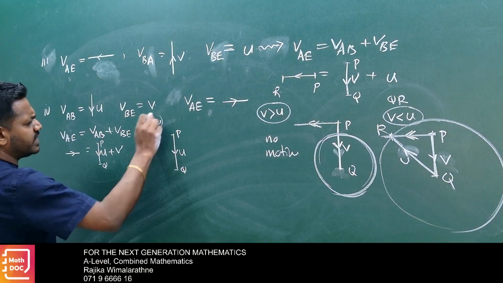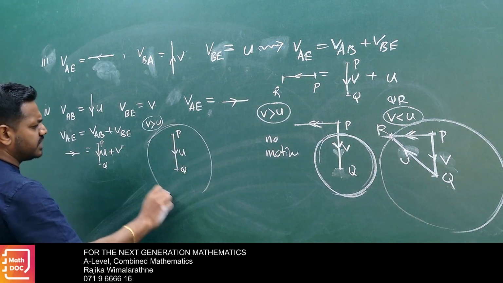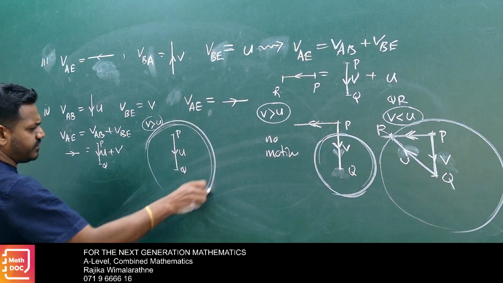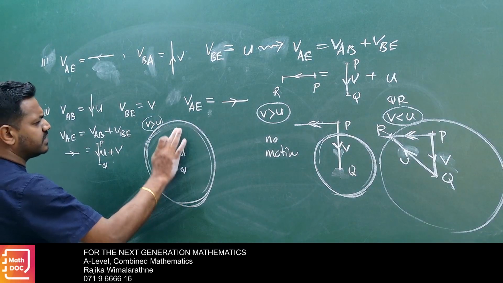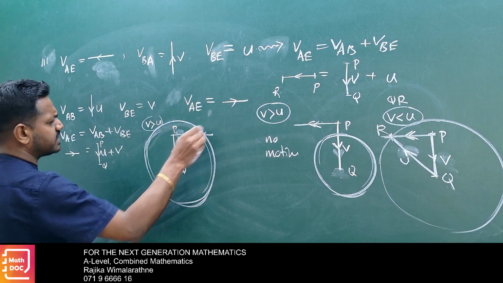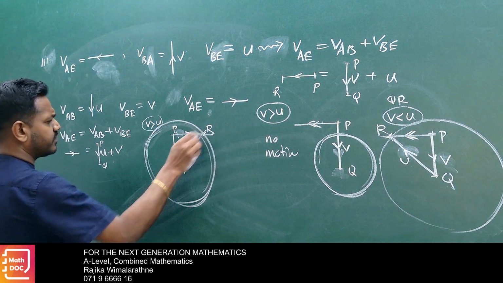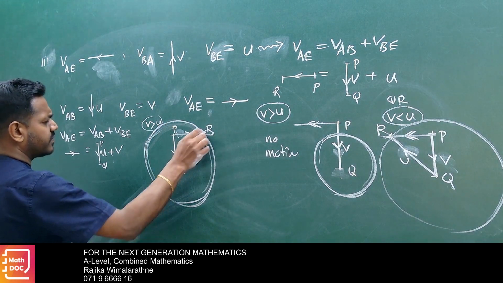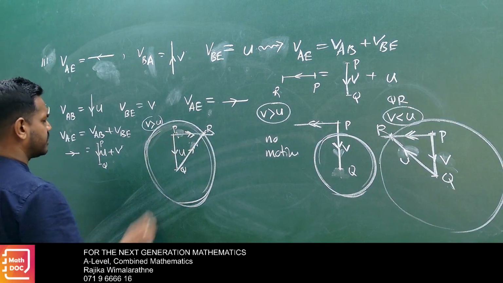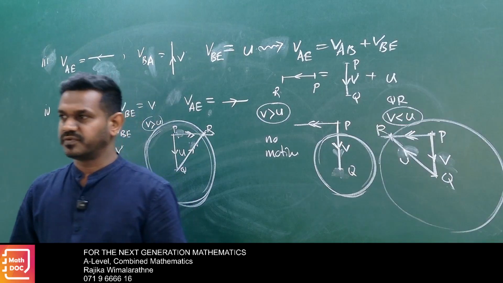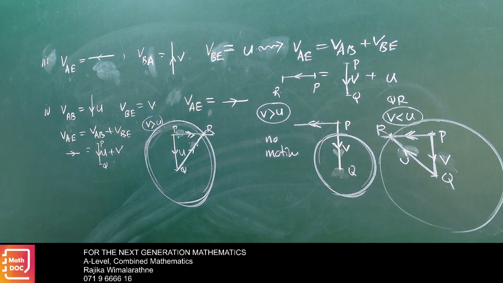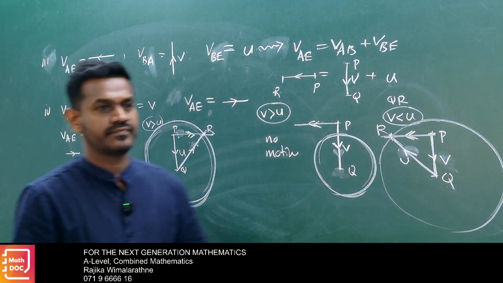In the V greater than U case, you can sketch it this way. Q center, radius V circle. Then PR looks like this. Then there's a possible R point. Then in the other case, no possible motion. Complete that.